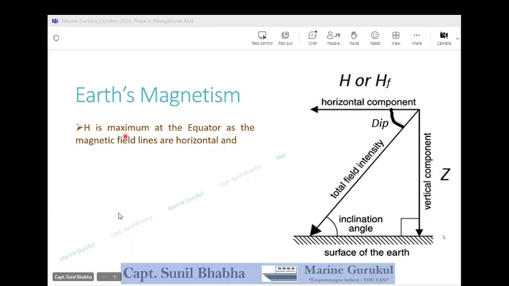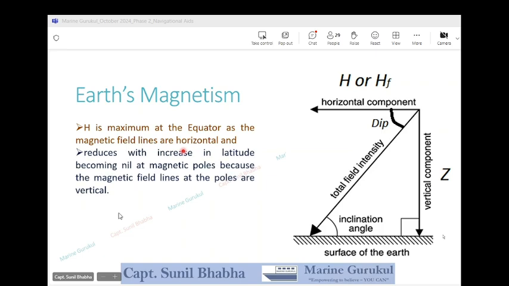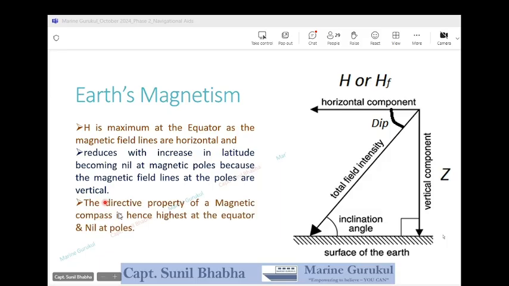The H or HF horizontal force is maximum at the equator, as the magnetic field lines at the equator are perfectly horizontal, and the H component reduces with the increase in latitude of the observer, becoming nil at the magnetic poles, because the magnetic field lines at the poles are perfectly vertical, making the horizontal component 0.